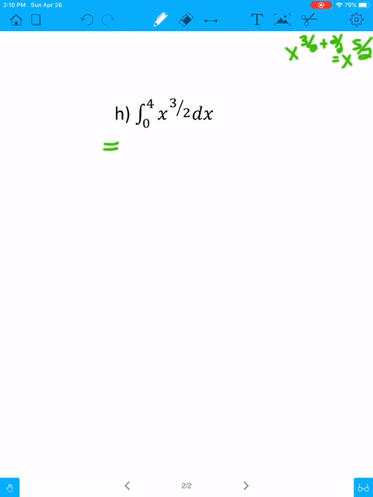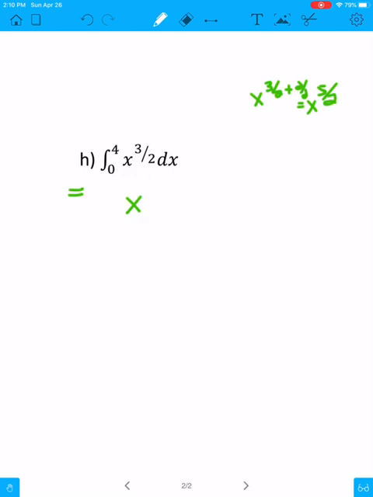Then I'm going to divide by 5 over 2, right? That's what I've always done. I divide by 5 over 2. But dividing by 5 over 2 is the same as multiplying by 2/5. So I just multiply by 2/5 instead. Plus c from 0 to 4.